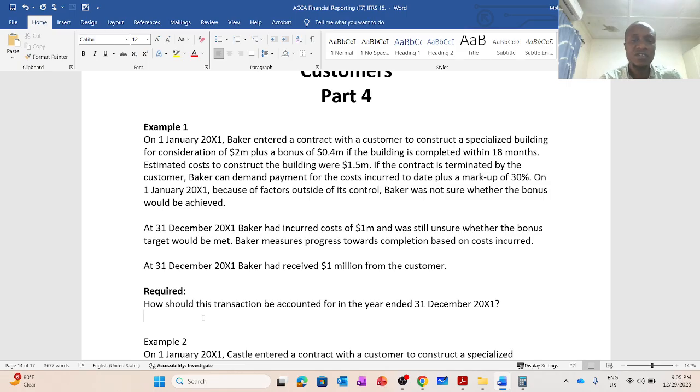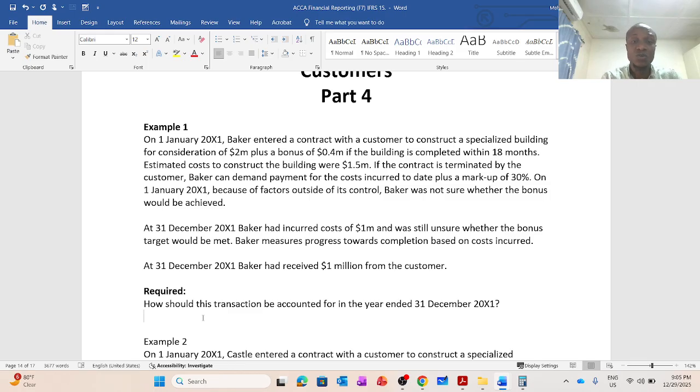On 1st January 20x1, because of factors out of its control, Becker was not sure whether the bonus would be achieved. So we need to assess at the end of the year whether the bonus will be achieved, not only at the start. Let's continue the question. At 31st December 20x1, Becker had incurred cost of 1 million.